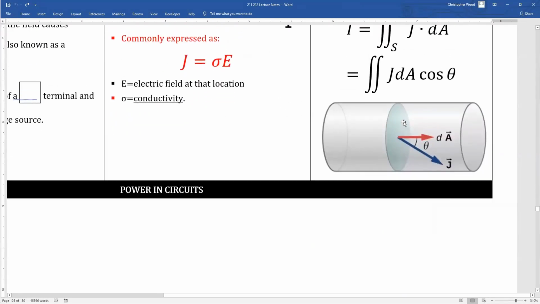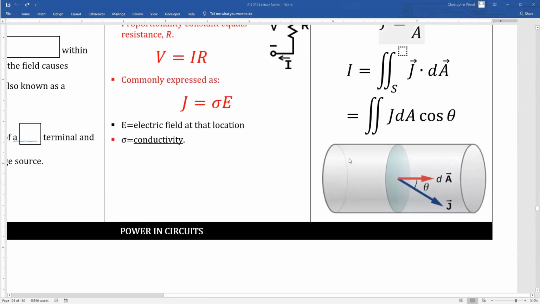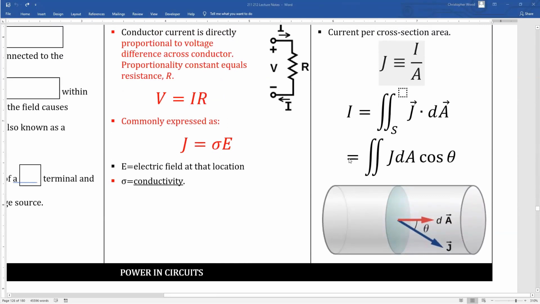So there's a good visual. You're looking at a cylindrical wire on the screen. It depicts exactly what we're looking at. The current density is basically the amount of current flowing through an imaginary cross section. You can see there's some angle theta, which means if theta equals 0, that gives me the maximum density.